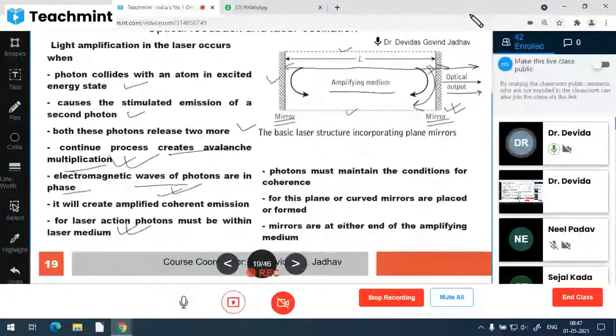They keep the photon within the amplifying medium. The photon must maintain the condition for coherence. For this, plane or curved mirrors are placed, or formed in the crystal structure. Mirrors are at either end of the amplifying medium, so both ends have mirrors.